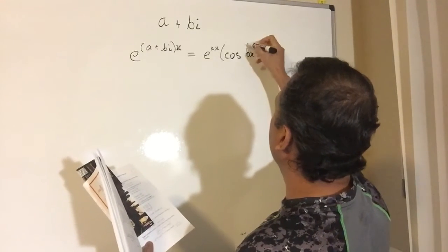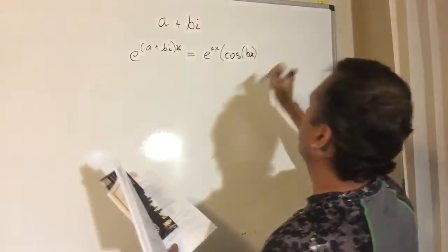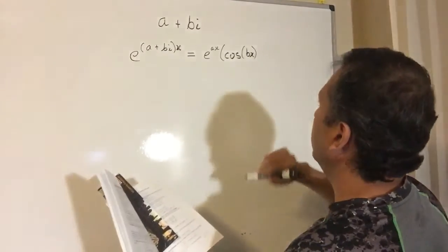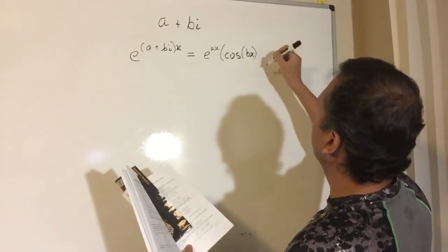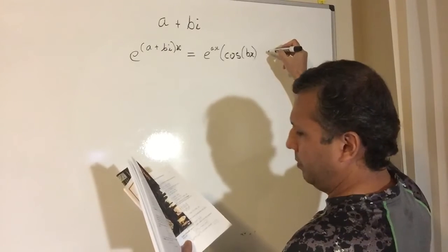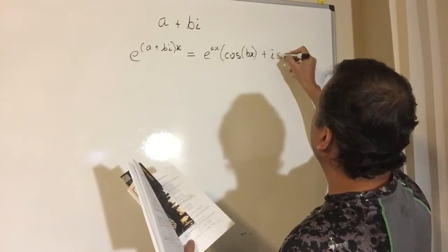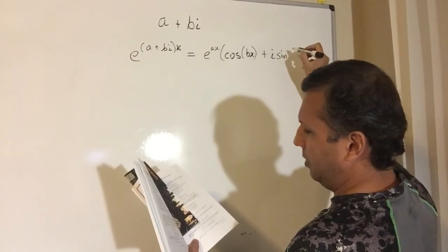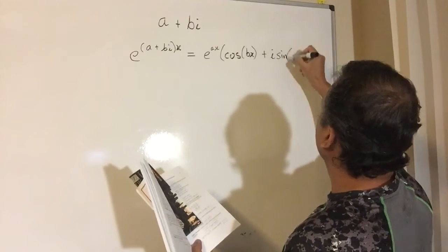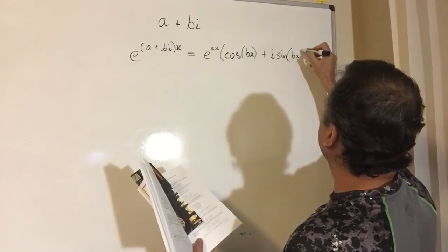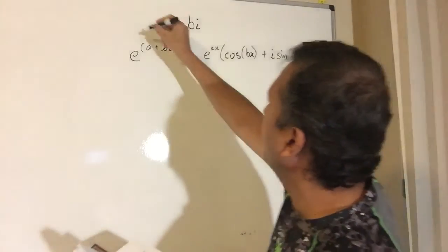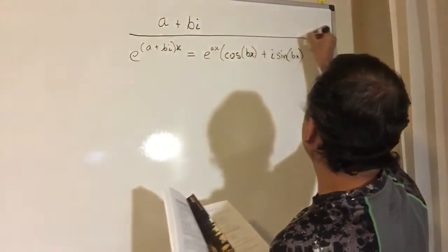I like to put parentheses, but in the book there's no parentheses. Plus i sine bx. So this is the equation that's in a box after that statement.